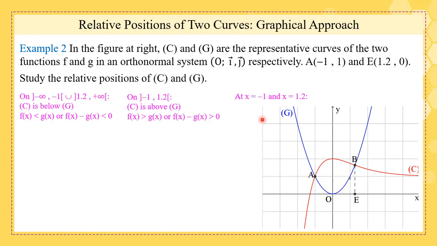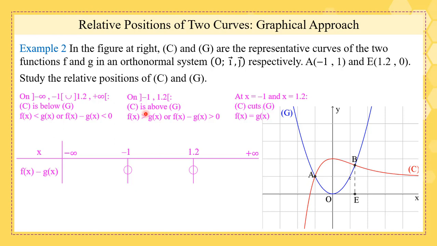And when x is exactly negative 1, or x is exactly 1.2, you can see that the two curves intersect, or they cut each other, and we can state that f of x equals g of x. Now this is what we call a study of the relative positions, but this study also could be expressed in a table. So f of x minus g of x from minus infinity to minus 1 is negative.